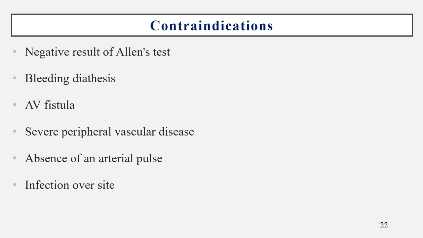Bleeding diathesis means hypocoagulability, and arteriovenous fistula means a connection between artery and vein, usually in dialysis. Allen's test has a positive or negative result when the artery is occluded. These are the contraindications of ABG.